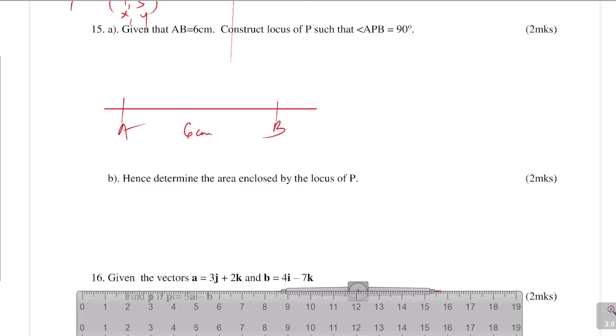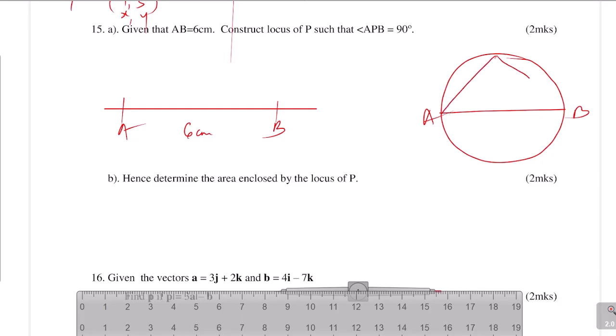What is going to assist you here is the angle properties of a circle. We have a property relating to circles and chords, that the diameter of the circle subtends an angle of 90 degrees at the circumference.